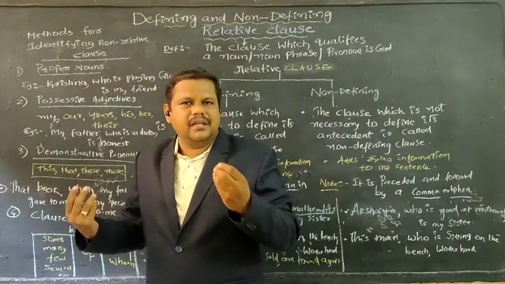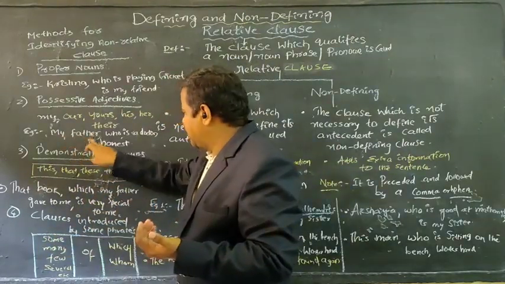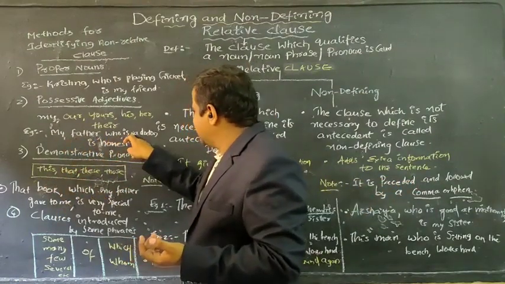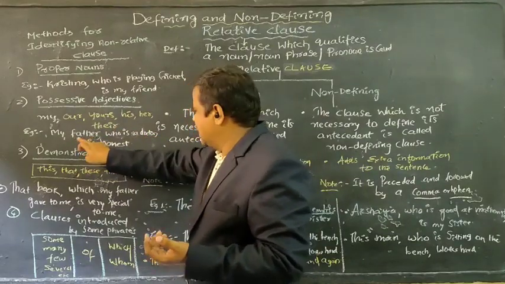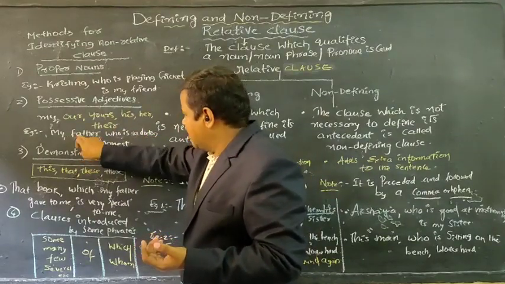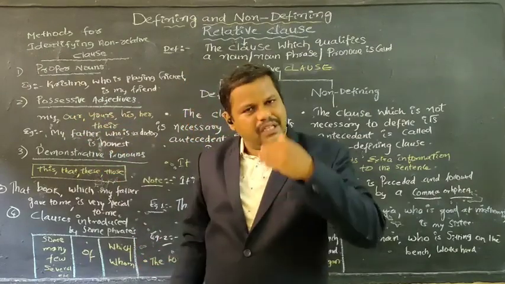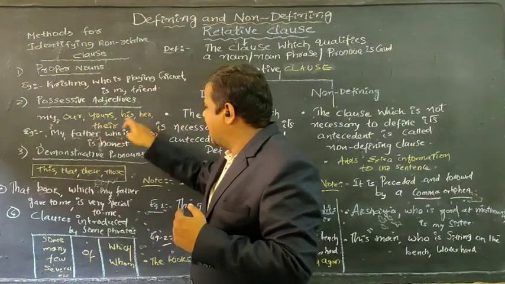I am talking about a father who is very honest. So directly we can write, my father is honest. This is a sentence. My father, comma, who is a doctor, this is a clause talking about the father. In this one, my is a possessive adjective. You can even write with my, our, your, his, her, their.